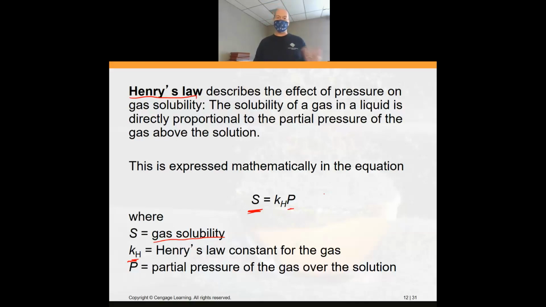So if we solve for the constant, K sub H, Henry's law constant, that is simply S over P. Divide both sides by P, you get S over P. That is your Henry's law constant.